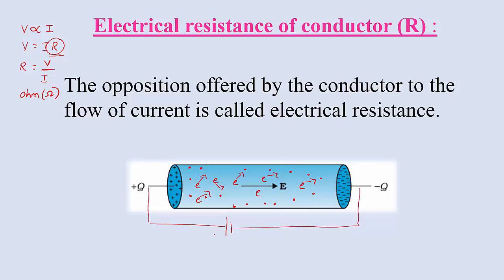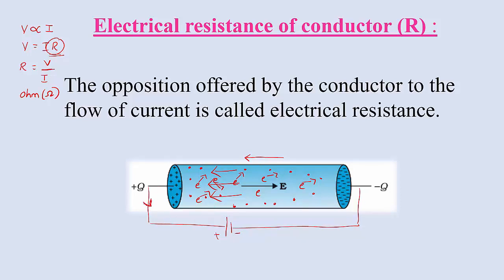When we supplied the battery connection, or potential difference across the ends of the conductor, an electric field is produced inside the conductor. When the electric field is produced, because of the force of attraction, all the free electrons start to move towards the positive end of the battery. All the free electrons are moving from right to left, in this direction, towards the positive terminal of the battery because of the force of attraction.